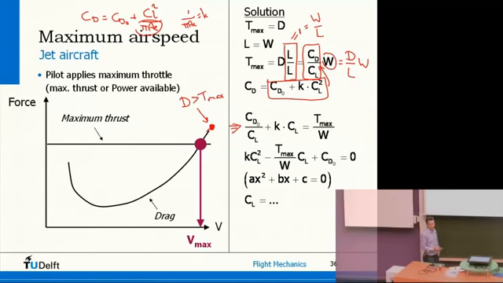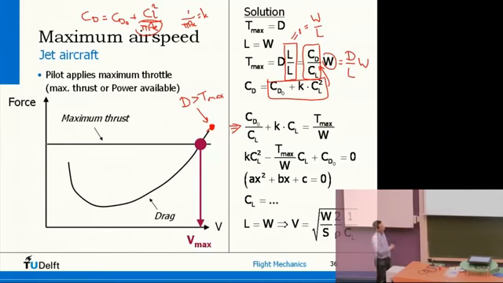And from that you can actually calculate CL, which is a certain number for a given aircraft. And if you know the lift coefficient, then from lift being equal to weight, you can also calculate what is then the actual airspeed. Just fill it in there, and you know what the maximum airspeed of the aircraft is.